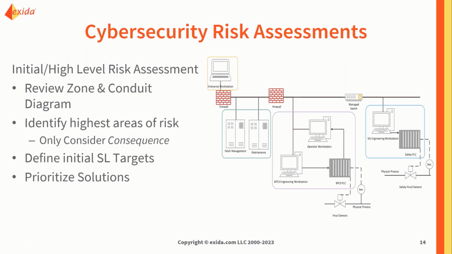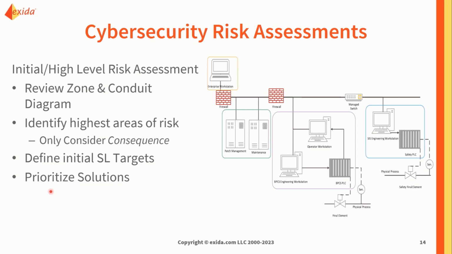And then for the CyberFacts module for cyber risk assessments, for the initial risk assessment, we focus on identifying just the worst case consequences and ranking how critical those would be, assuming a likelihood of 1. And really, we're just focusing on prioritizing the solutions, identifying which portions of our network architecture are the most critical zones.